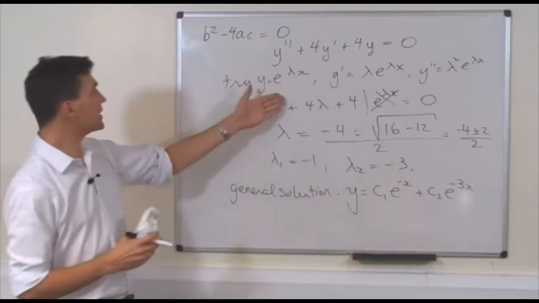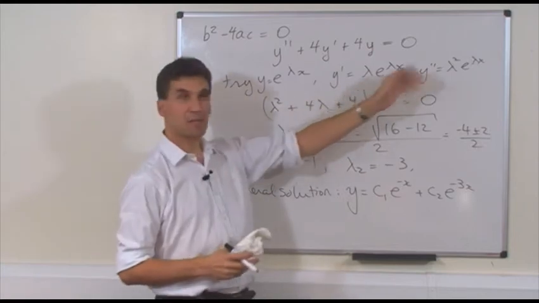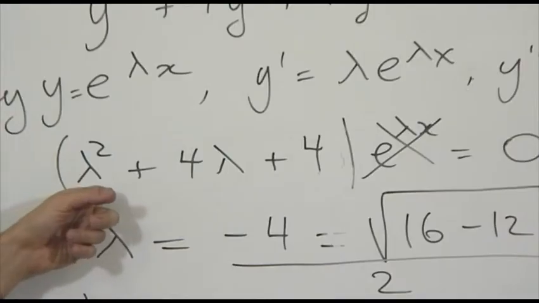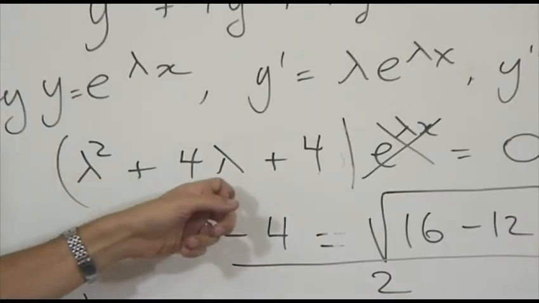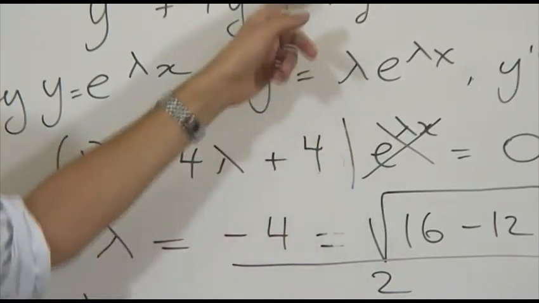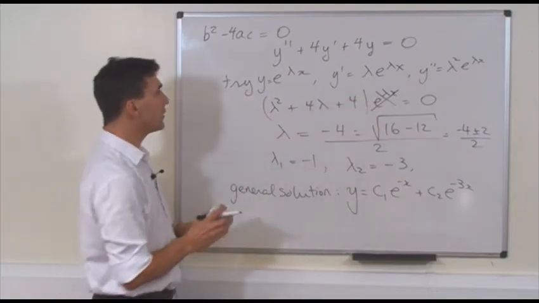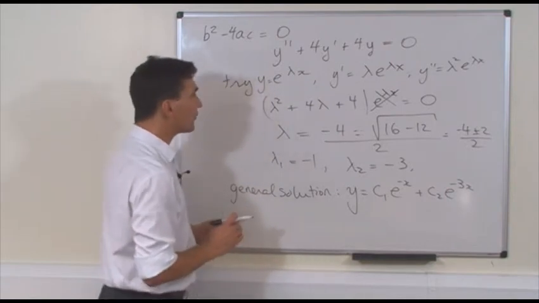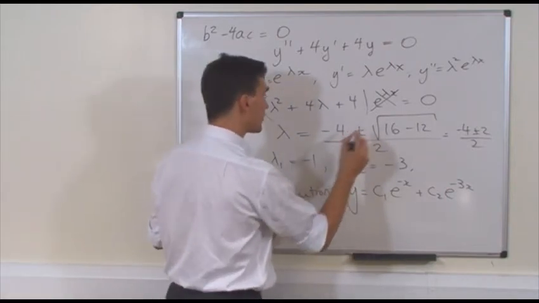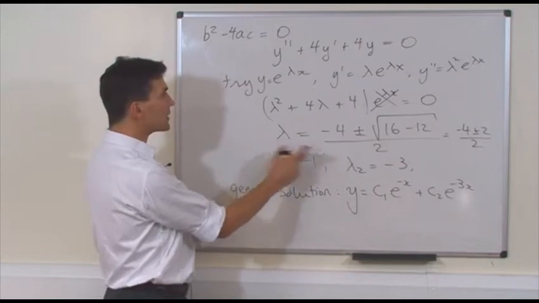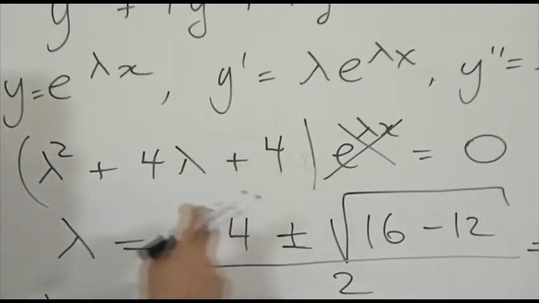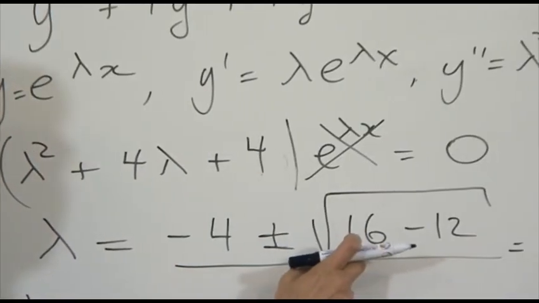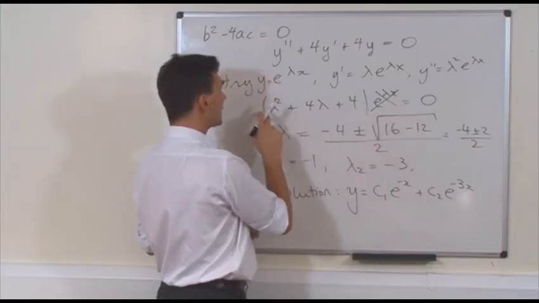So we try y is e to the lambda x, y prime is lambda e to the lambda x, and so on. Put the y double prime is a lambda squared. The 4y prime, so that's 4 lambda. The 4y, so that's 4 equals 0. And now, if we use our quadratic formula, we get lambda is minus 4 plus or minus square root of b squared, so that's 16 minus 4 times 1 times 4.